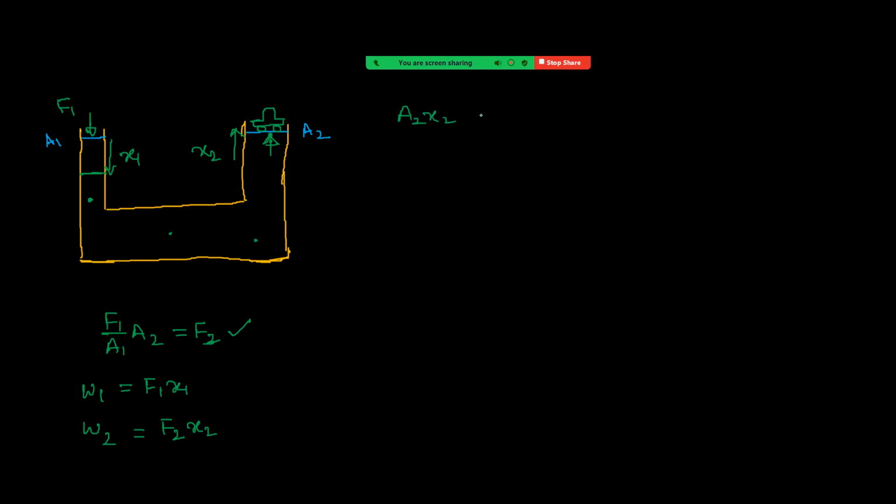This A2 x2 must be equal to A1 x1. This is the volume we are missing here, and that volume must appear in the right part. Therefore A2 x2 equals A1 x1, because the fluid is incompressible, which means its volume does not change.